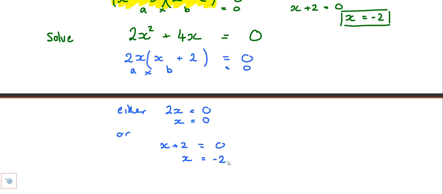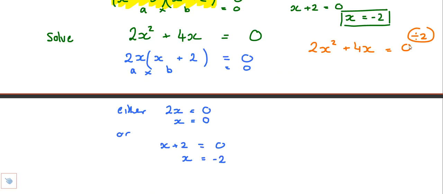negative 2. Now, I just want to pick out what Samira did, because it's good, which isn't necessary, but it's good practice: she spotted that I could actually divide through by 2 first.